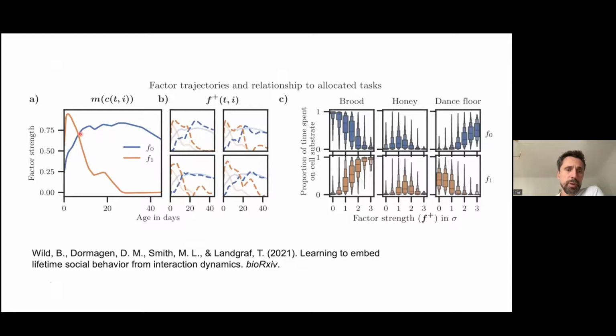One is the blue, F0, and one is this orange factor, F1. And it also already shows us what we already know, right? So in the beginning of their life, they start, and then gradually, and there is something going on at the age of 10, right?